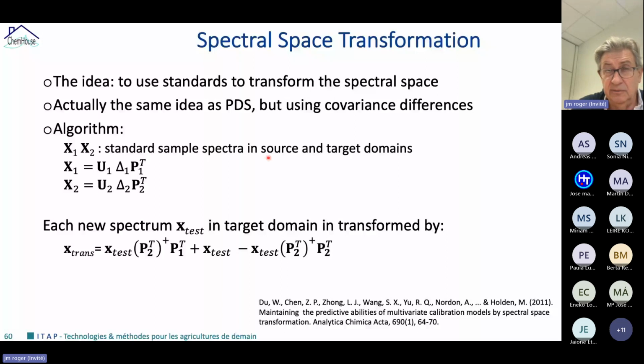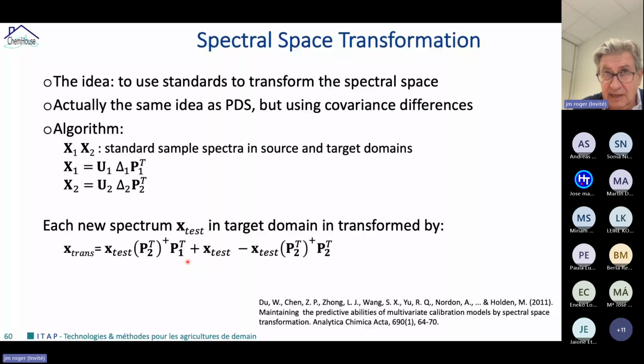And we make a decomposition, SVD, singular value decomposition of X1, of X2 also, and we use this decomposition in order to correct any new X we measure. So it's a kind of linear adjustment.